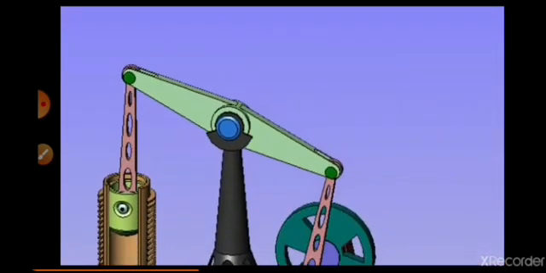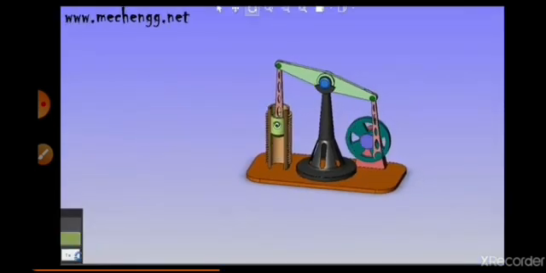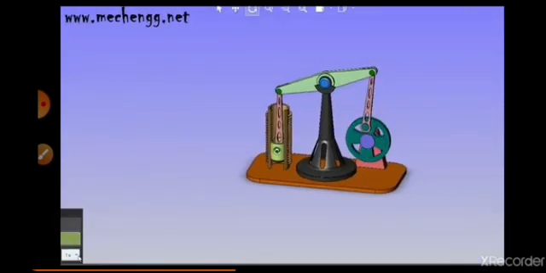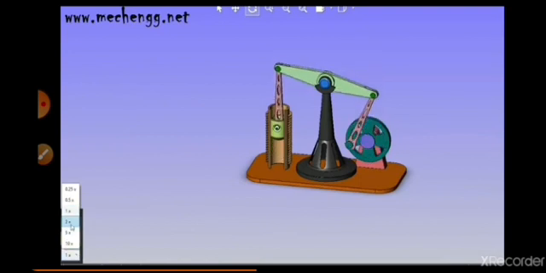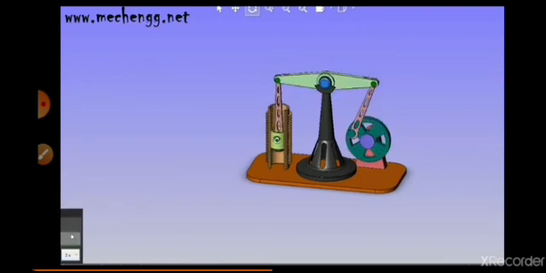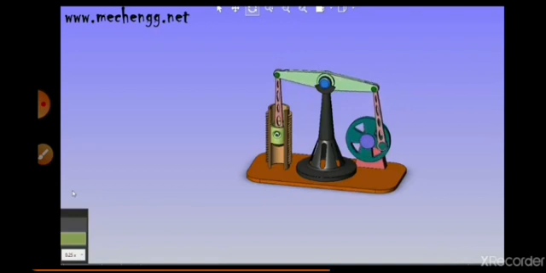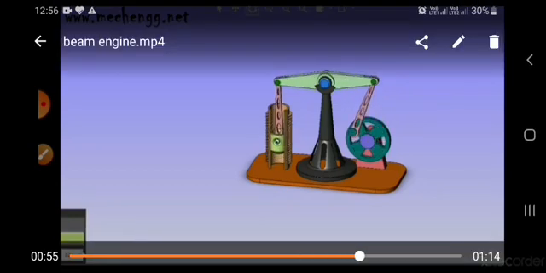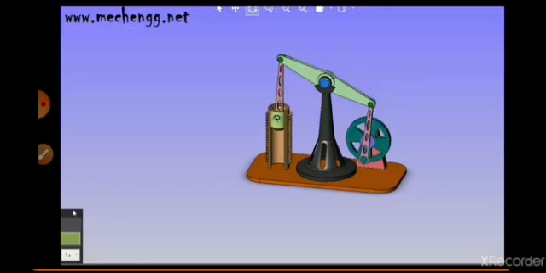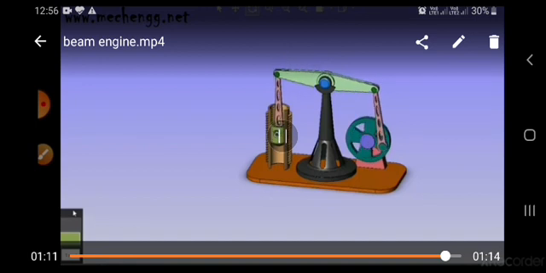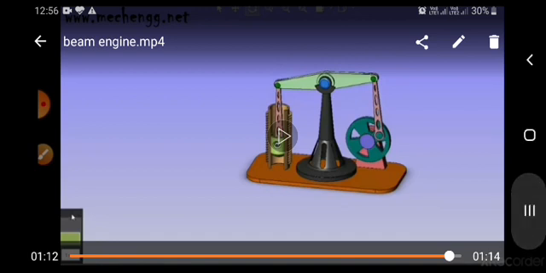So this is the lever. One end is connected to the piston rod and the other is connected to the crank. Thus when the crank starts to rotate, what will happen? Link 3 also oscillates with the lever. I hope you are understanding how the beam engine works, right?